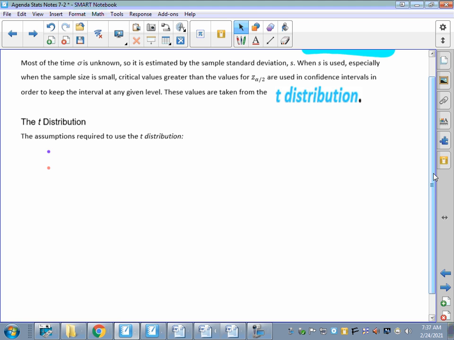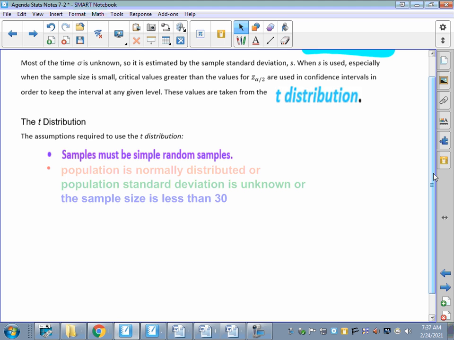So here are our assumptions. In order to use our T distribution, the well-kept or poorly kept secret is that we must have random samples, simple random samples. That's where we're going to get our S, our sample standard deviation, from. And we've got a couple of options.